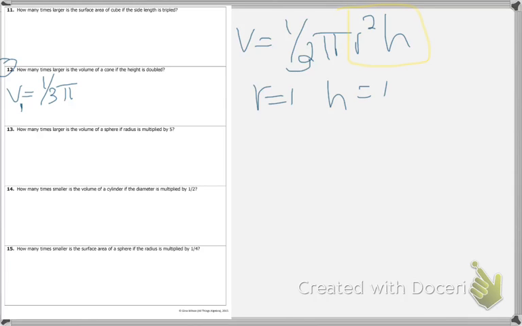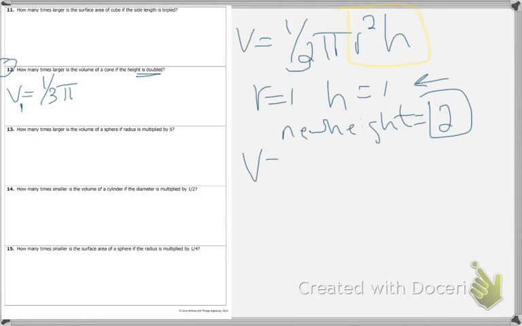So it says here that the height is doubled. So what we're going to do is our new height is going to be, if I double that, 2. Super easy. So now we fill it out again. So 1/3 pi times the radius squared times the new height.